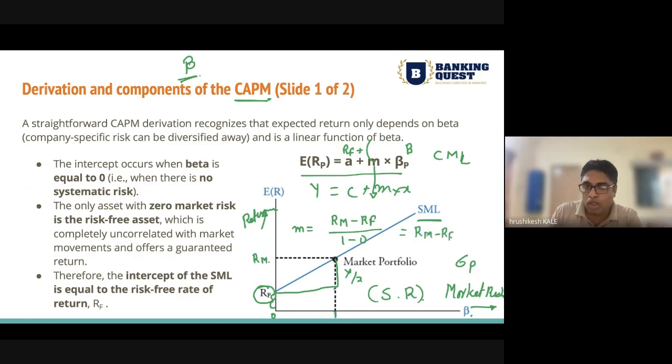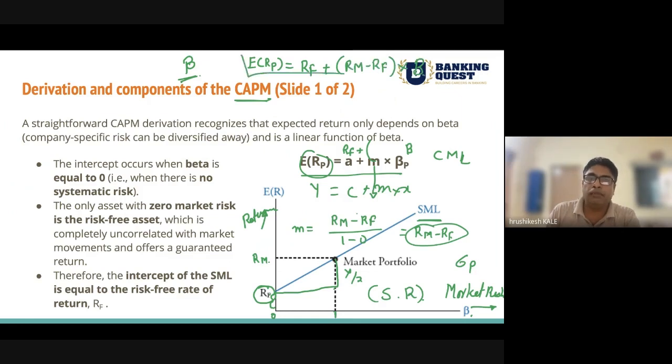So the expected return of your portfolio is nothing but the risk-free rate plus m. We have calculated m here, that is return of market minus risk-free rate, into beta.